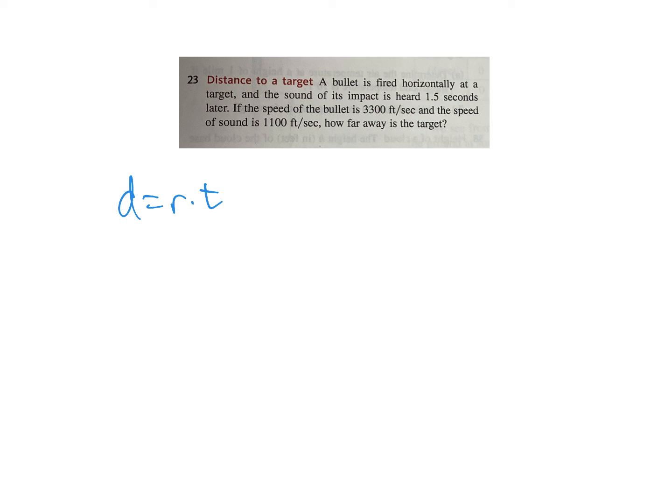The time for the speed of sound is going to be, if we divide by r, distance divided by r, that's the speed of sound. And the time of the actual bullet is going to be distance divided by the rate, okay?